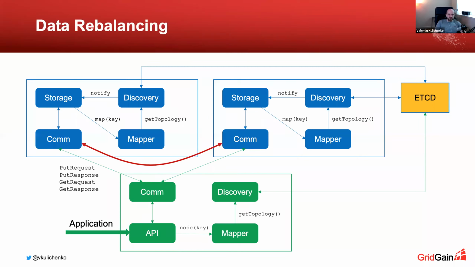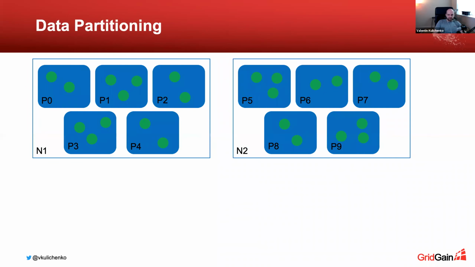One of the ways to avoid this, which is used in probably any key value database, and even in any distributed database, is partitioning. Partitioning is a simple technique, which basically says, let's split our data into groups, or as we call them, partitions.